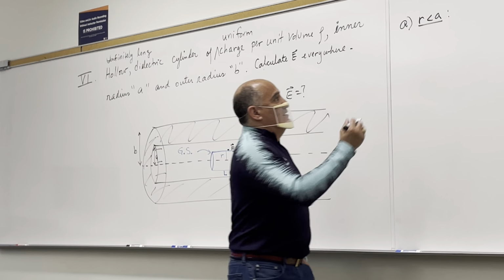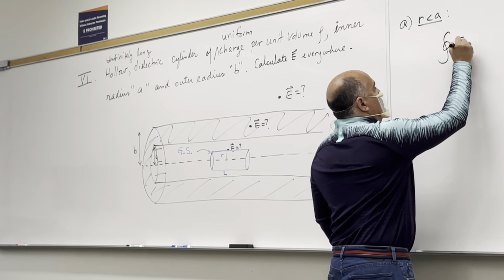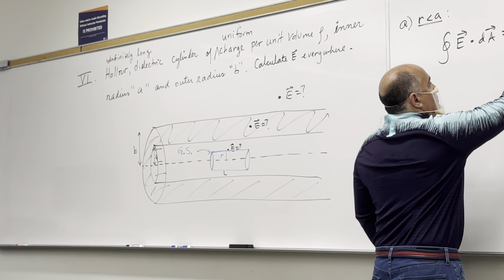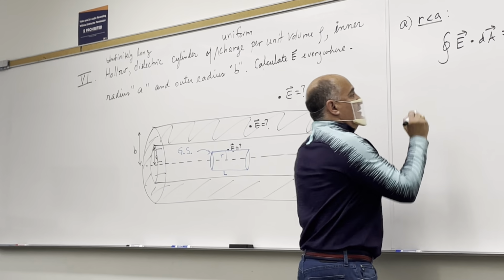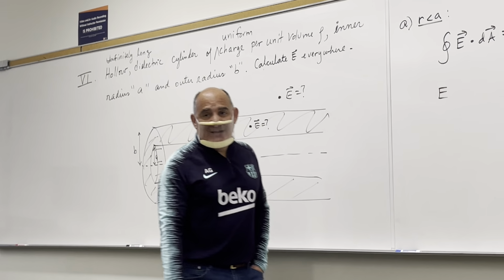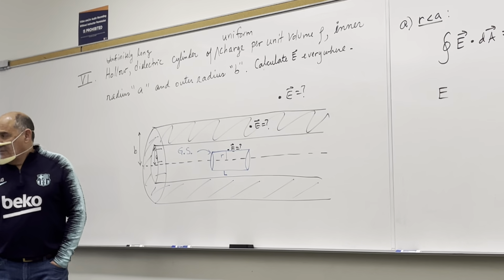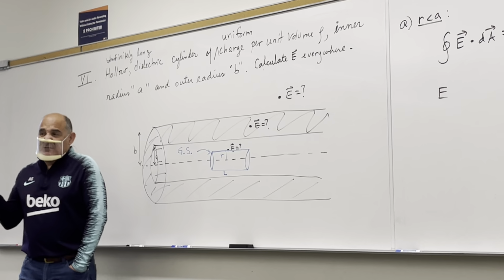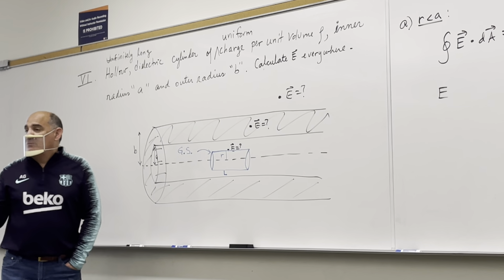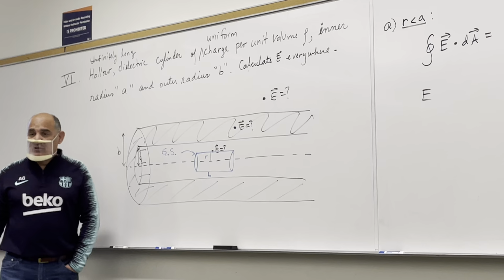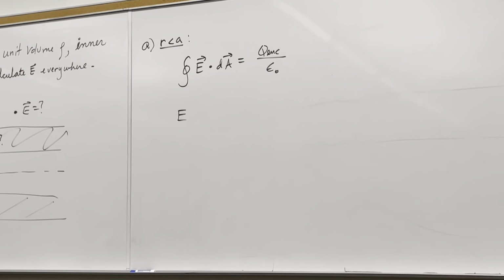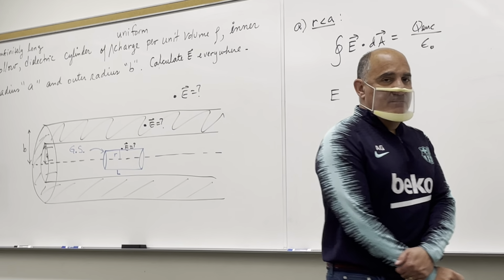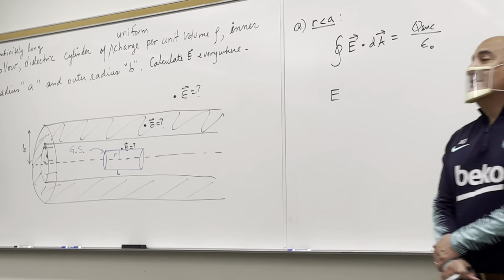All right, and then I write down Gauss's law. If I imagine the correct Gaussian surface, this integral on the left-hand side of Gauss's law becomes just an electric field magnitude multiplied by an area. So what's the area that I should multiply that electric field by? Exactly.